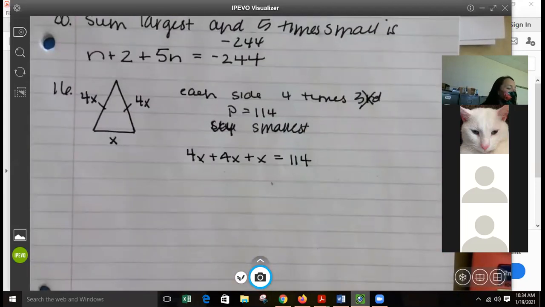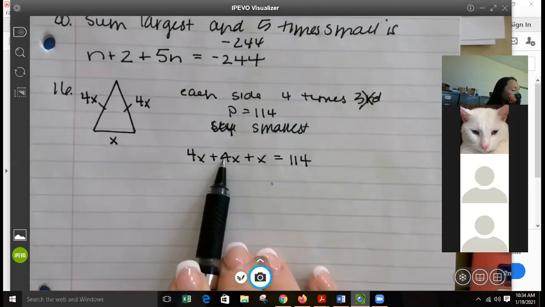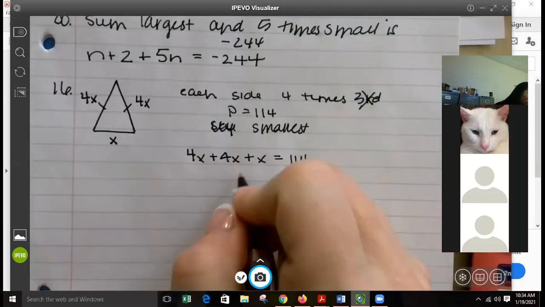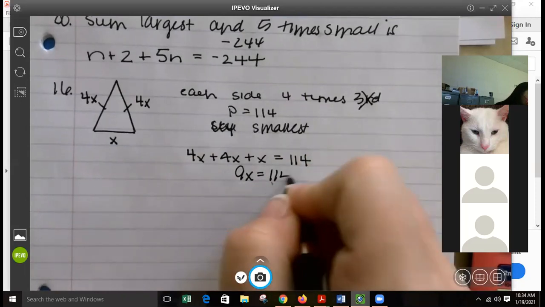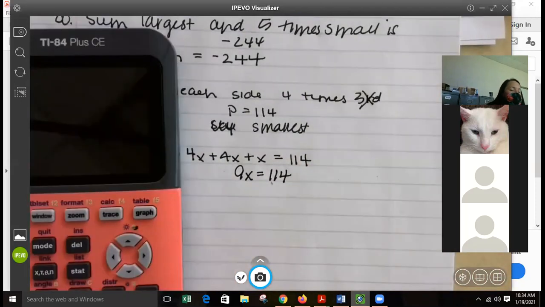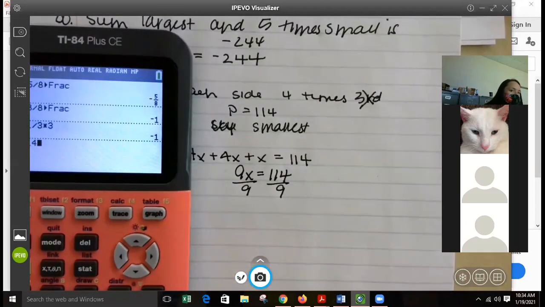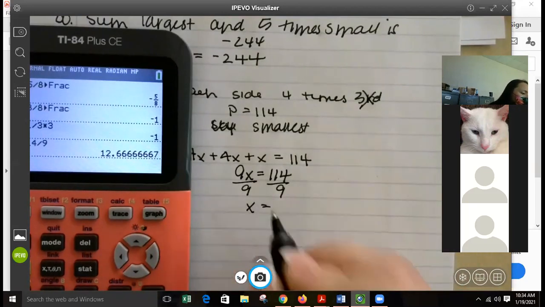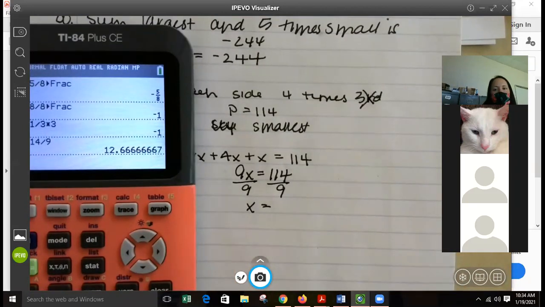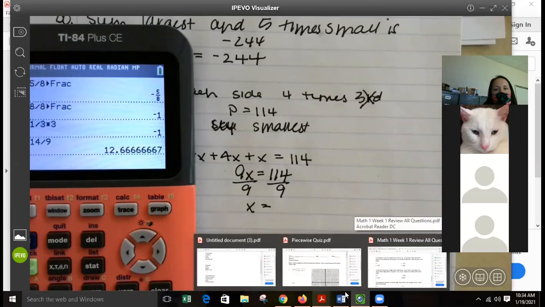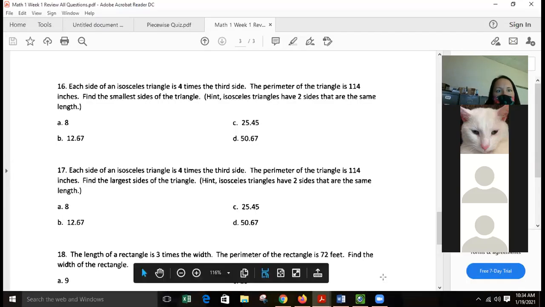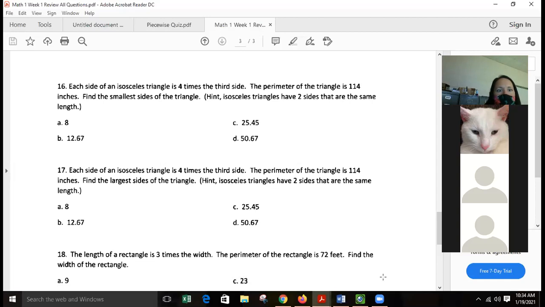Okay. We're going to solve it. 4 plus 4 is 8, plus 1 is 9. To solve, we divide by 9. If you need your calculator, go ahead and do that. Did I write that down, 114, right? Yeah, and it is decimals.